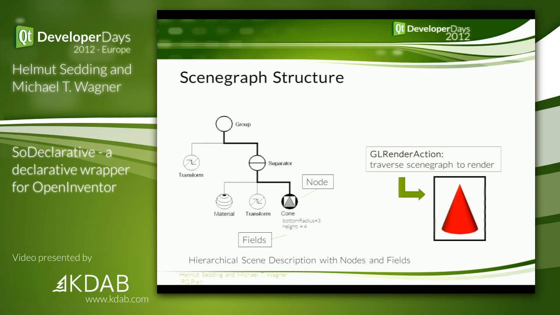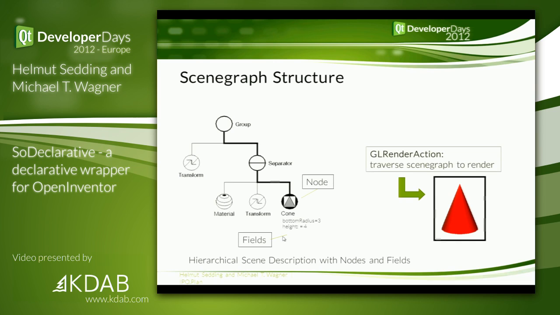If I want to render it, I just send a GL render action which traverses the scene graph, looks at all the nodes, and finally produces the rendered image.